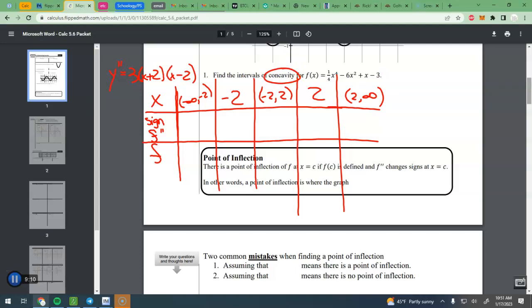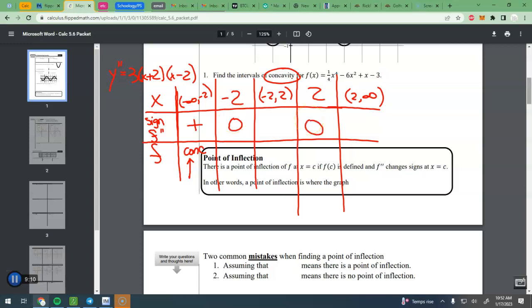So plug like negative 10 in here. That would make this negative. That would make this negative also. So this would actually be a positive there, which means in that interval, the graph is concave up. At negative 2, what's the sign of f double prime? 0, that's where we got it from in the first place. Same with this one.